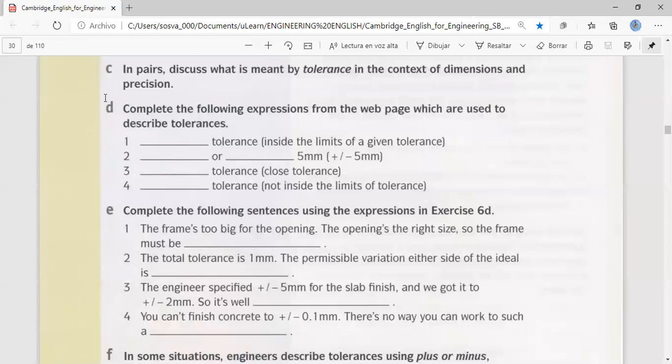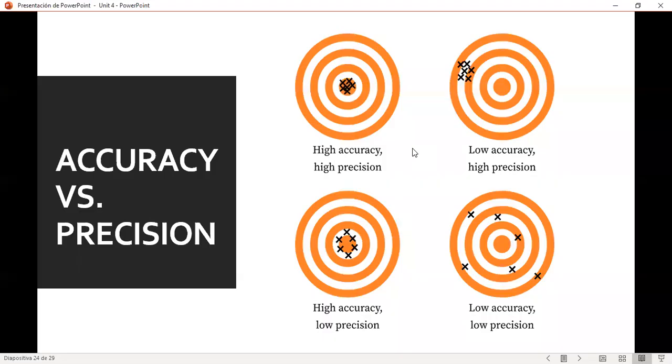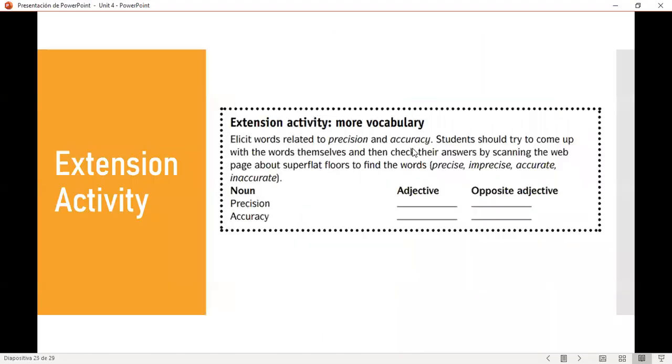We know tolerance is when you tolerate others' ideas, religion, point of view, etc. But if we talk about dimensions and precision in an engineering process, what is meant by tolerance?